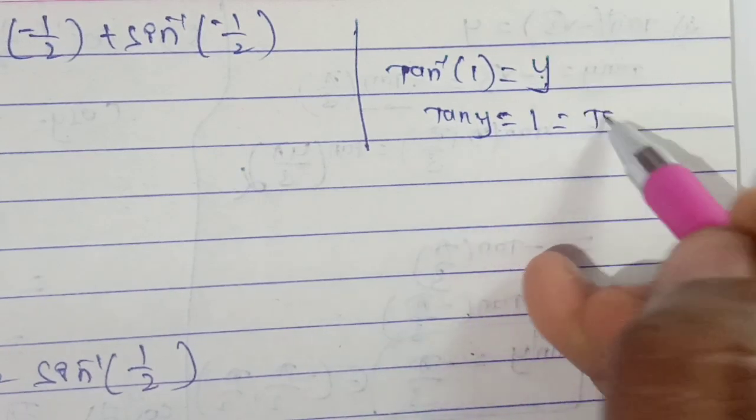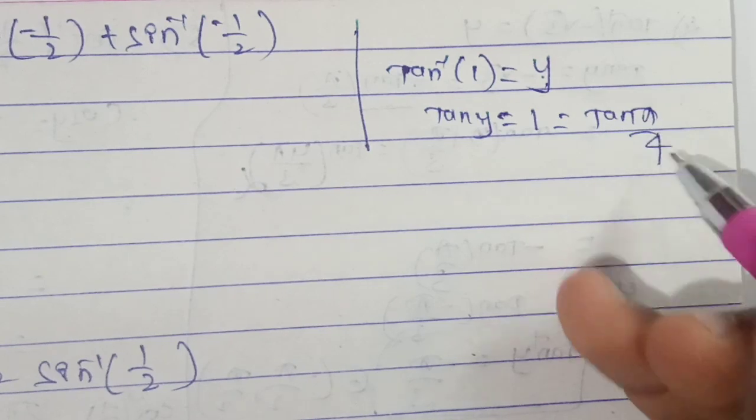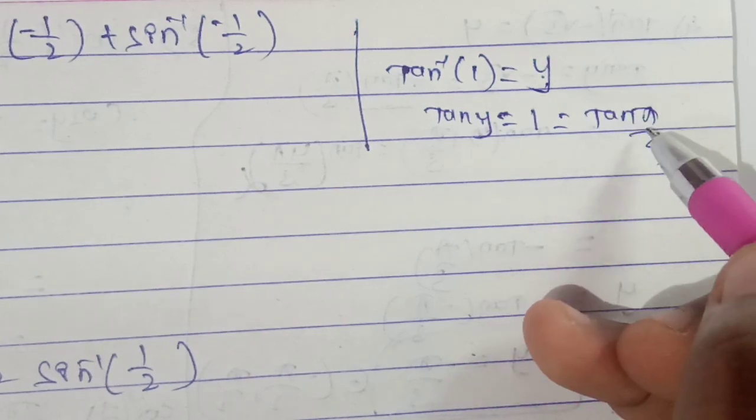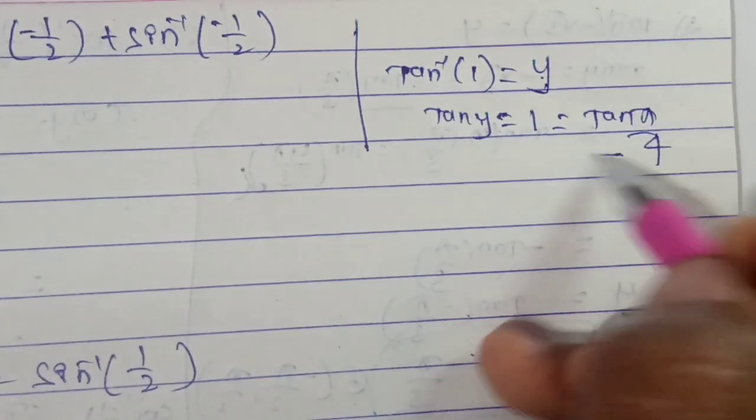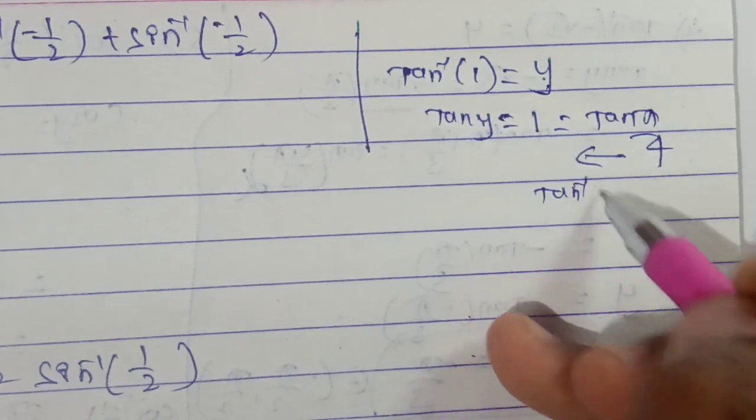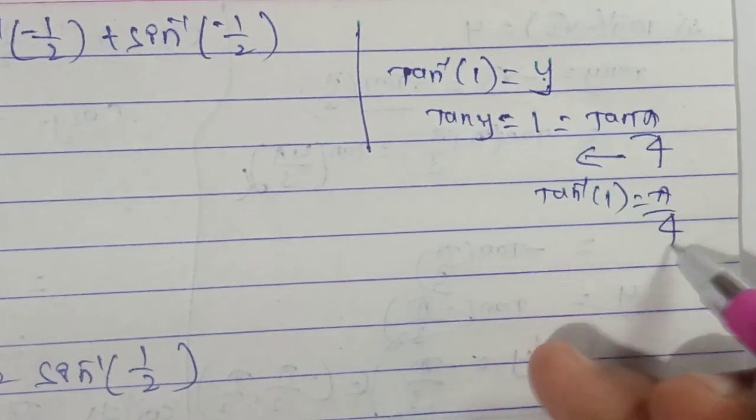I can write this one as tan pi by 4. So tan inverse of 1 is equal to pi by 4.